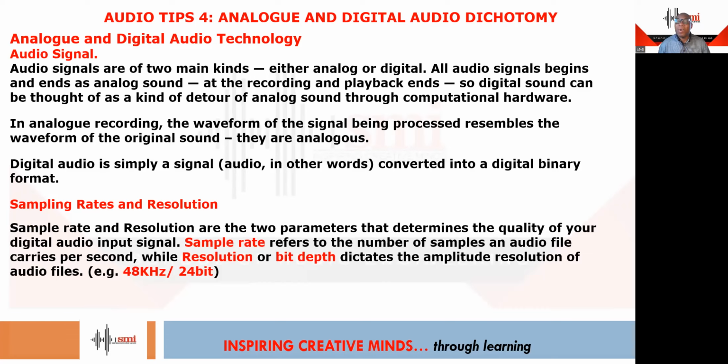It refers to the number of samples an audio file carries per second. So from the analog signal that the digital device is sampling from, you understand now? The rate at which the device is able to sample from the audio signal is called the sampling rate.